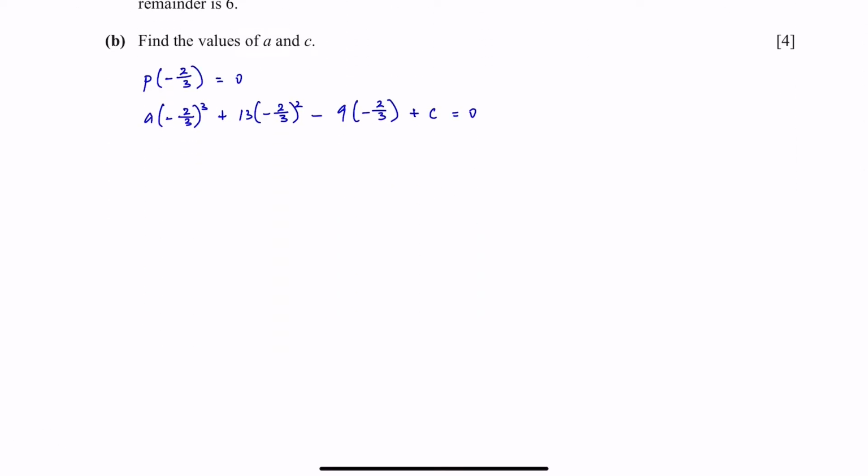And we would get negative 8 over 27 a plus 52 over 9 plus 6 plus c equals 0. And we can simplify it to c minus 8 over 27 a equal to negative 106 over 9.